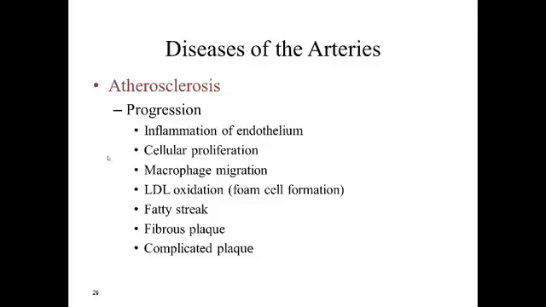Atherosclerosis begins with injury to the endothelial cell that lines the artery wall. Possible causes we've talked about, but we'll recap here: smoking, hypertension, diabetes, increased levels of low density lipoproteins, LDL, decreased levels of high density lipoproteins, HDL, and then autoimmunity.